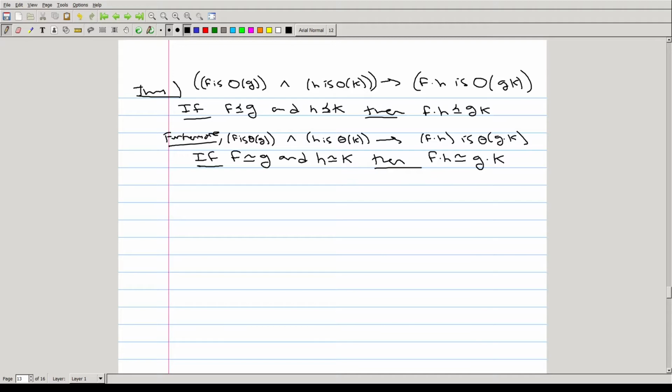We have that if f is strictly dominated above by g and h is just dominated above by k, then f times h is strictly dominated above by g times k.